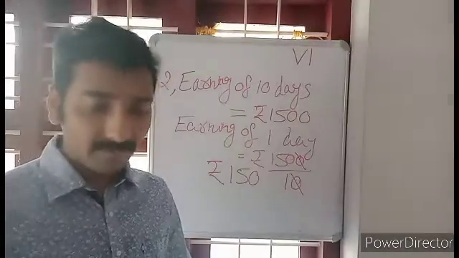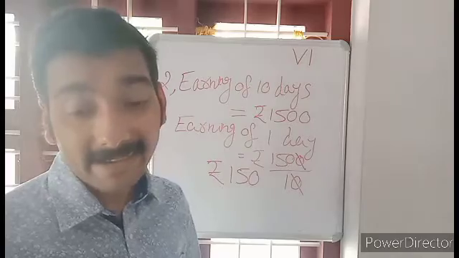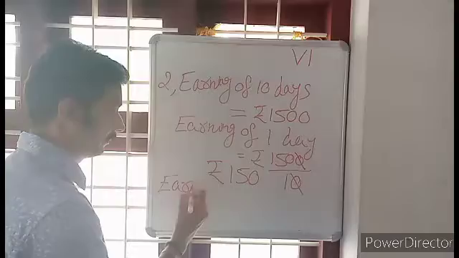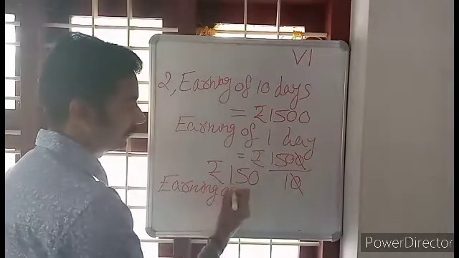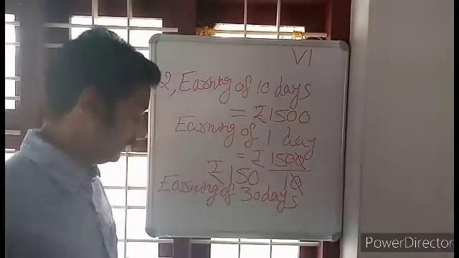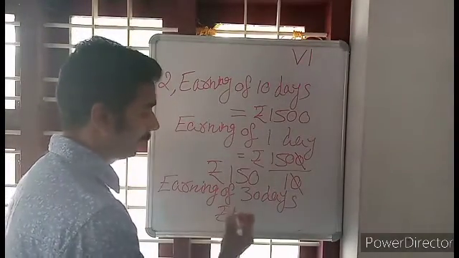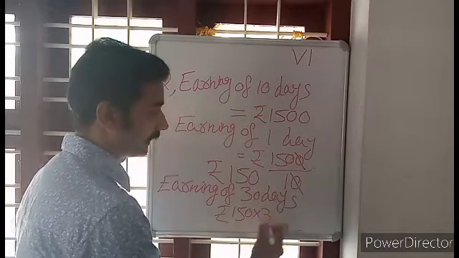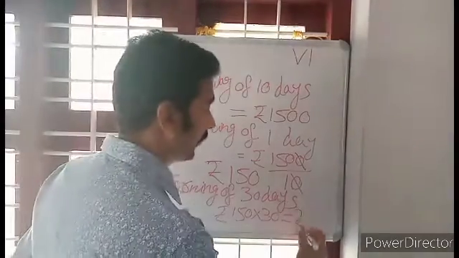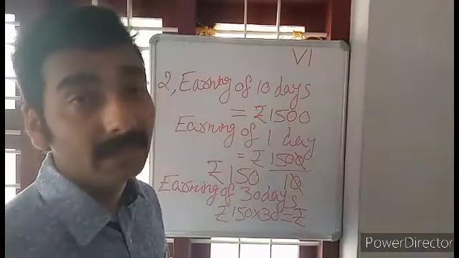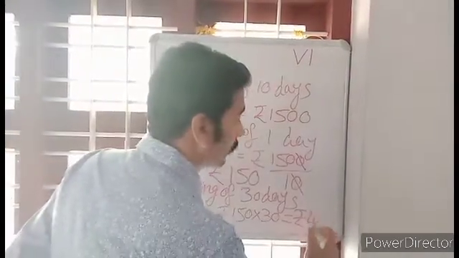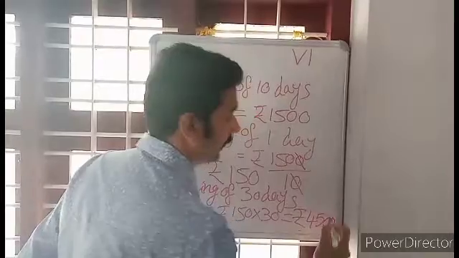Clear? Then we find how much she earns in 30 days. Earning of 30 days means rupees 150 into 30, which is rupees 4,500.